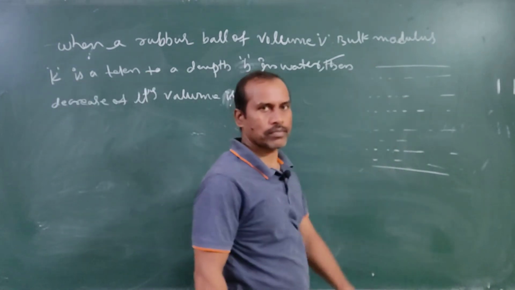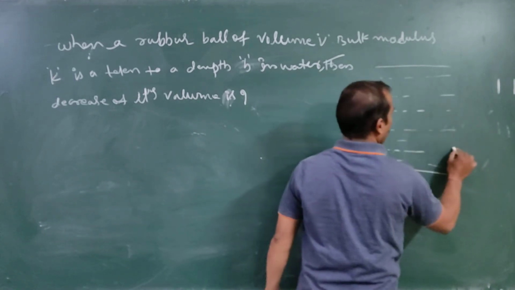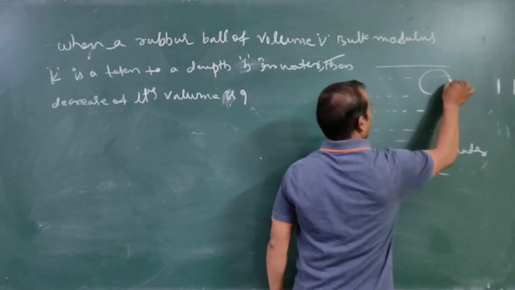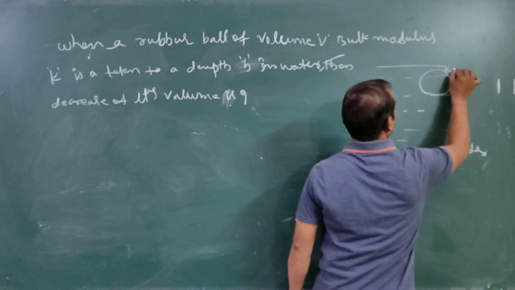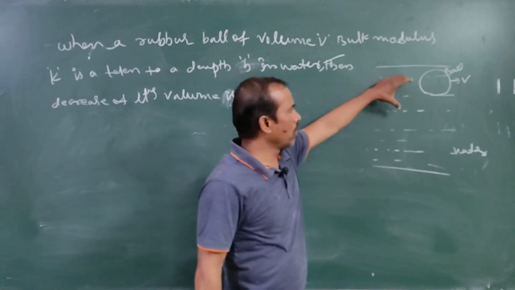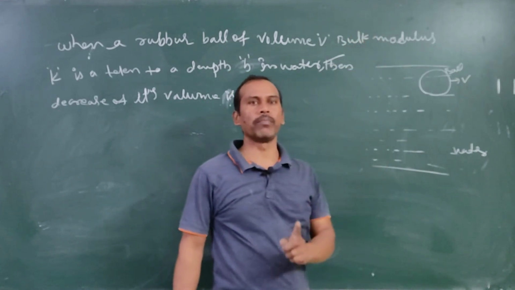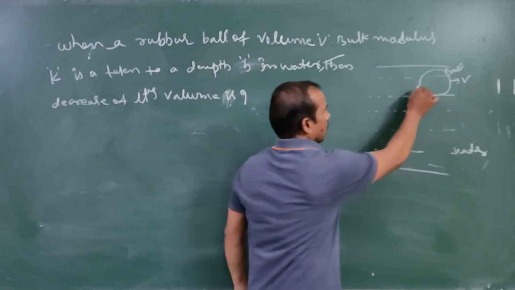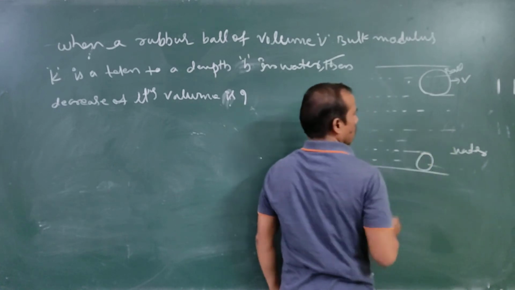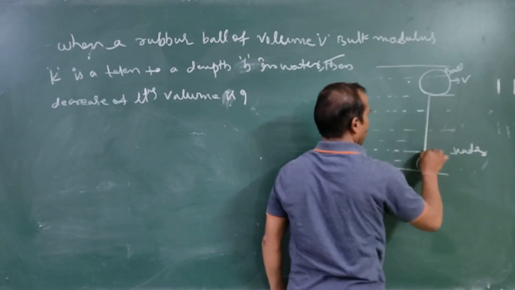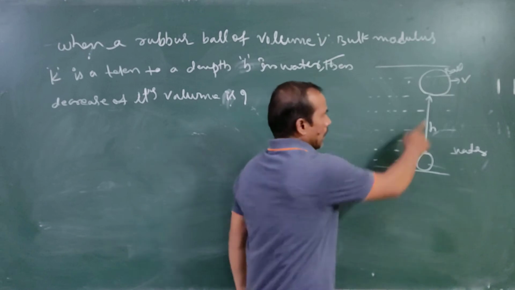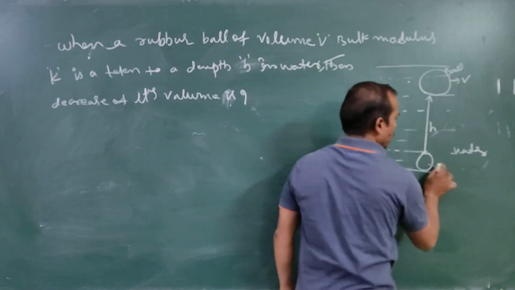Initially the volume of the ball is V. This ball is taken inside the water to a depth H. Initial volume V, final volume changes by dV.